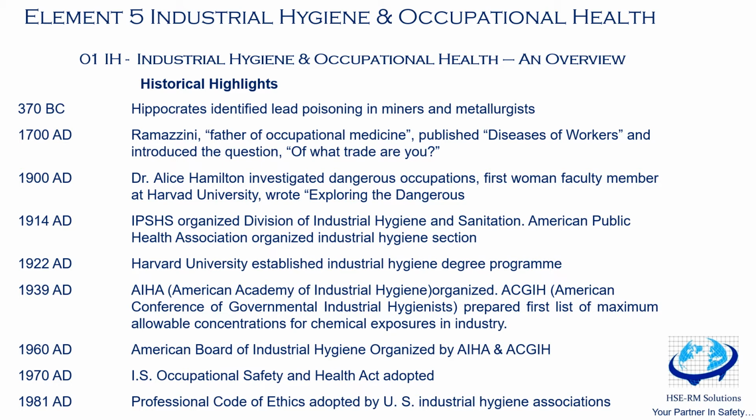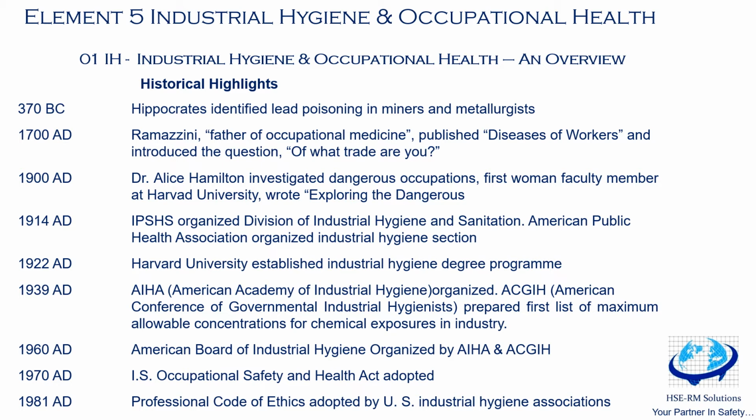Everybody was doing their bits and pieces, so there was a requirement to club it together. In 1914, the American Public Health Association organized the Industrial Hygiene section. Now in 1922, from there it all started to come together: Harvard University established an Industrial Hygiene degree program.